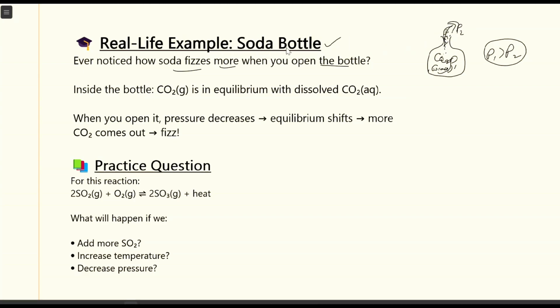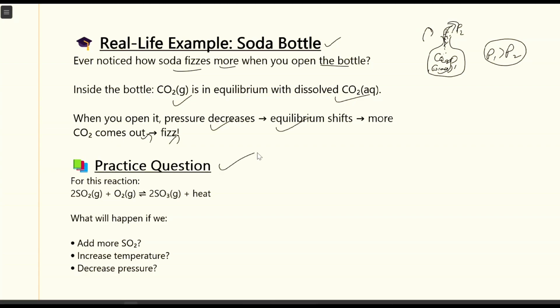This is the real life example of Le Chatelier's principle. Inside the bottle, carbon dioxide gas is in equilibrium with dissolved carbon dioxide, CO2 aqueous. When we open it, the outside pressure is low, the equilibrium shifts, and more CO2 comes out, that is, fizz is produced. That's what happens in a soda bottle, right?